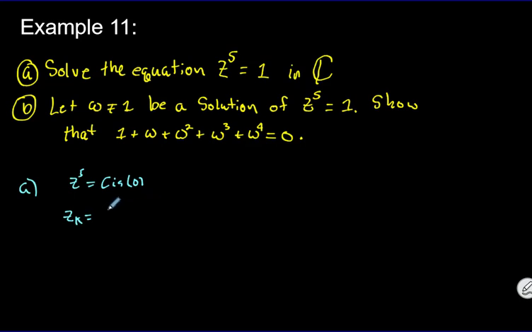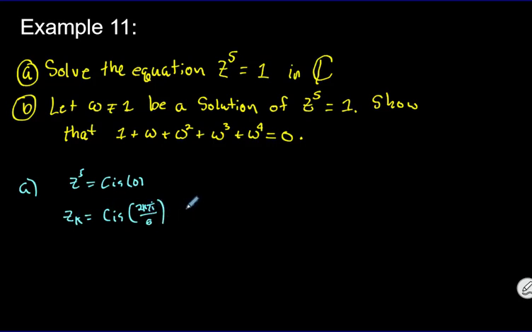And then we can use the formula for finding complex roots. This is going to be 0 plus 2k pi over 5, since it's the fifth root. And this represents all our solutions.